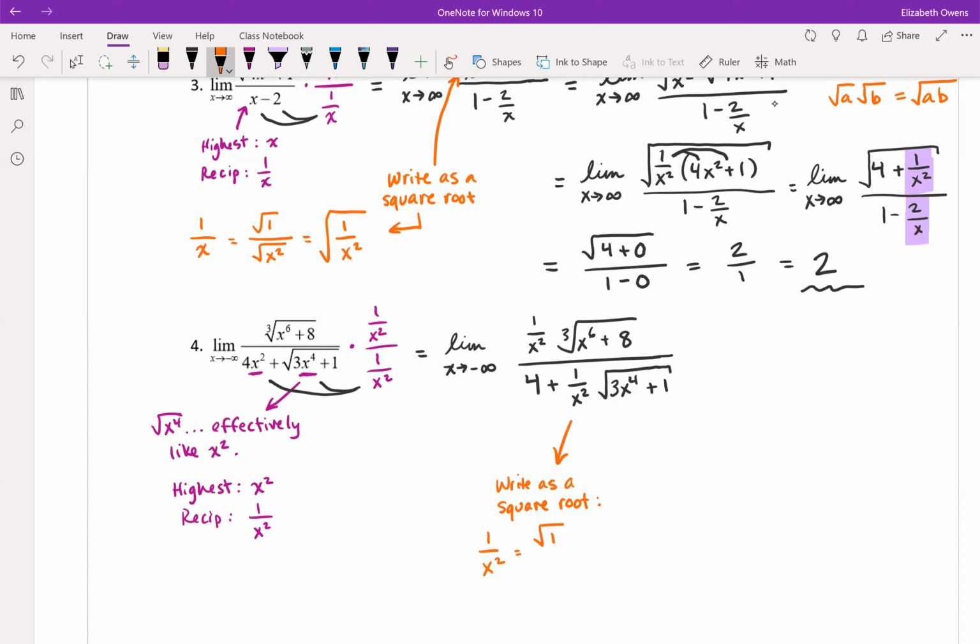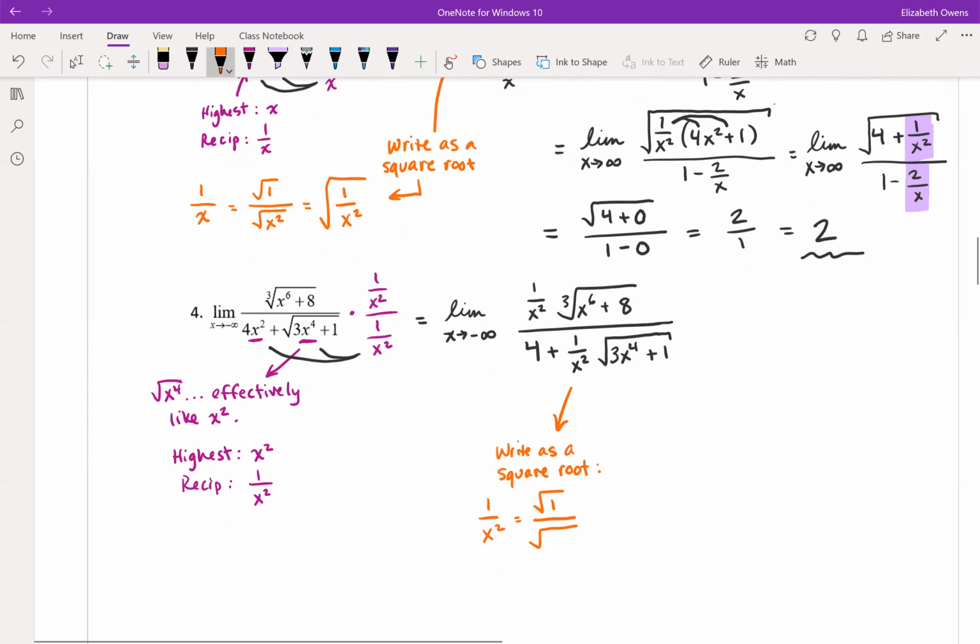So square root of 1. And then you've got to think, okay, what is x squared the square root of? Well, if you want a nice, fast trick for this, take whatever you're looking at, x squared in this case, and square it, and you'll know what to put underneath the square root.